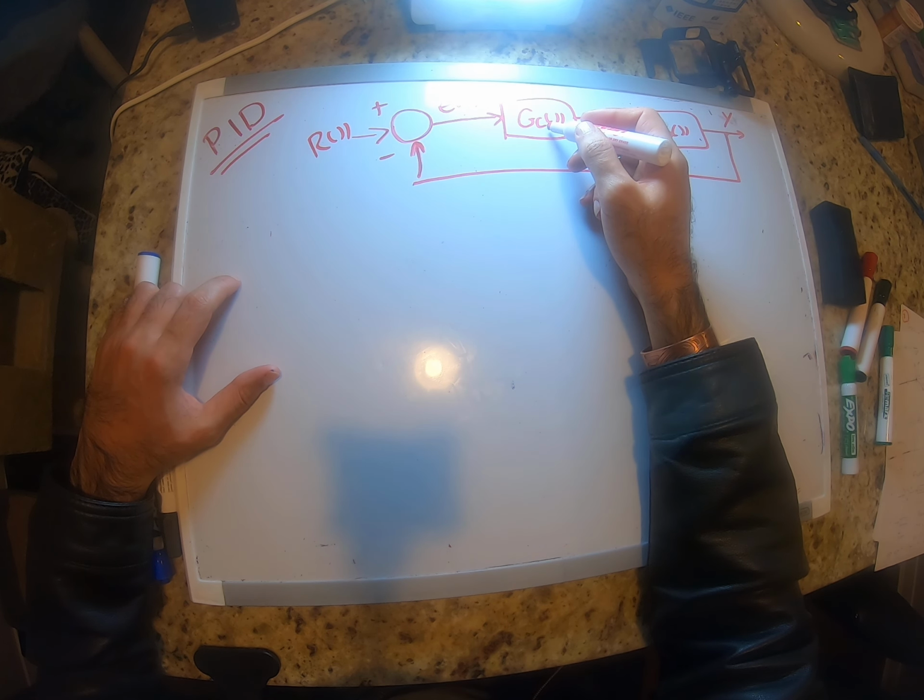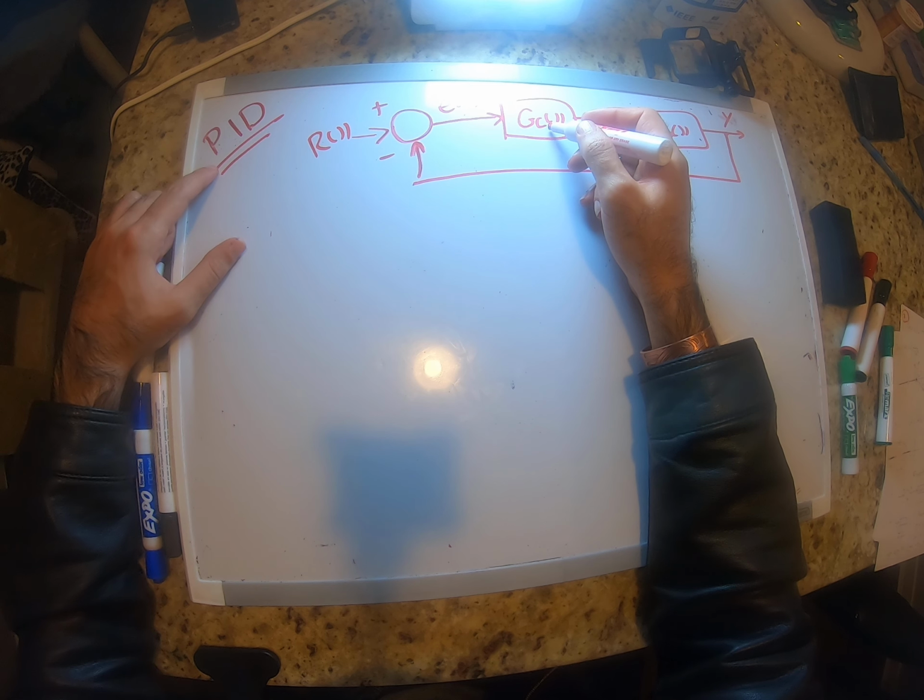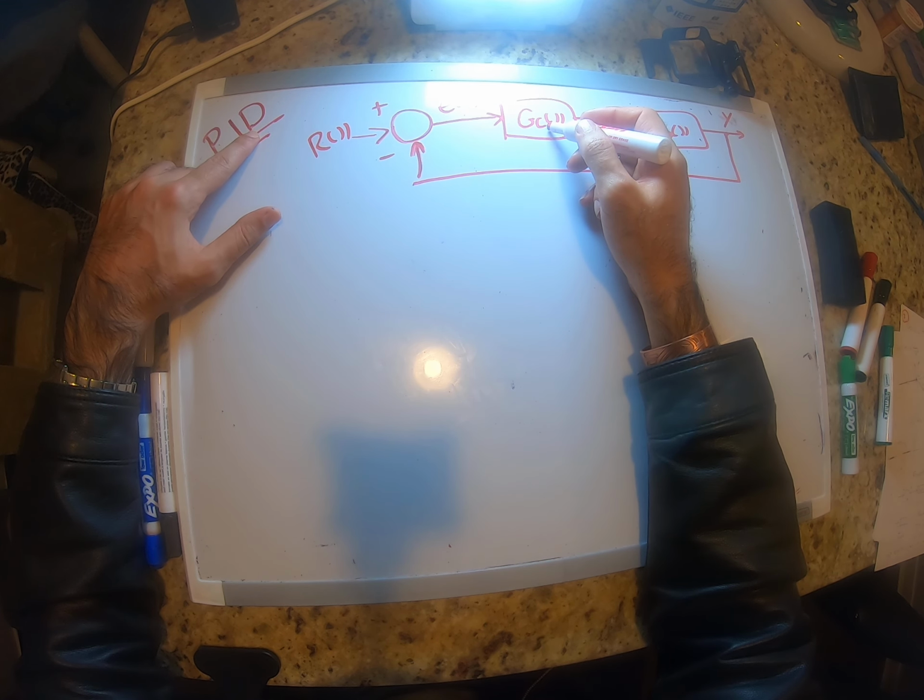One main category or family of controllers are combinations of proportional integral derivative controllers.